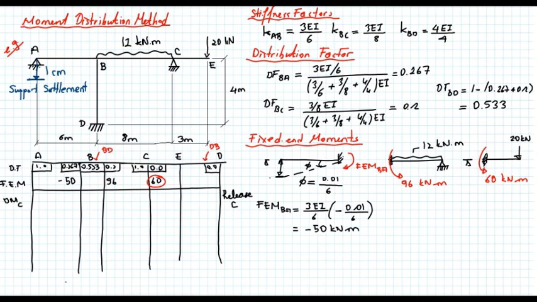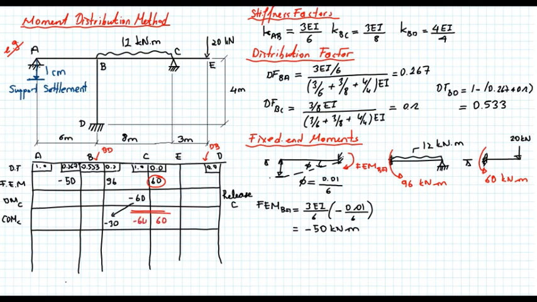When I release C, the node C rotates, and due to that rotation, I see an equal but opposite moment at the end of member BC, and due to that rotation I will have a carryover moment that's equal to minus 30. So I'm done with node C. Now node C is in equilibrium, and the final moments are 60 and minus 60.